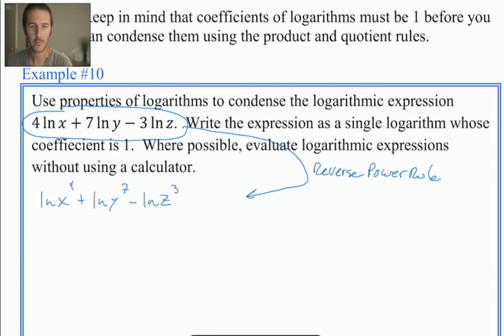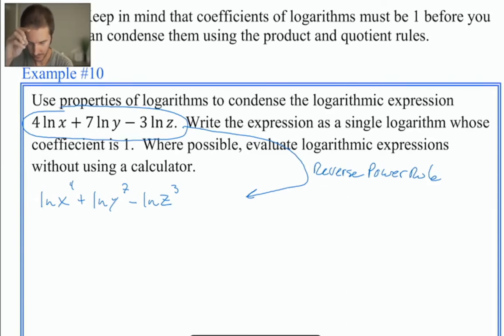What can we do next? I think that we should still continue doing this kind of reverse order from what we did previously. It just so happens, let's use the addition that's happening here, and we will do the reverse product rule. The addition is going to turn into multiplication.